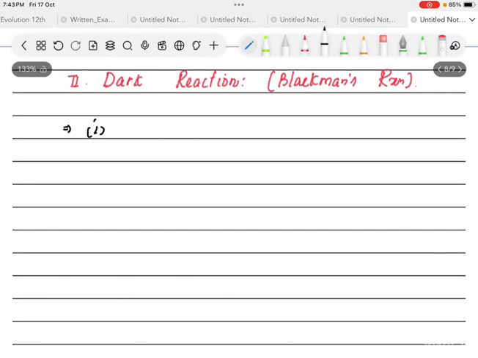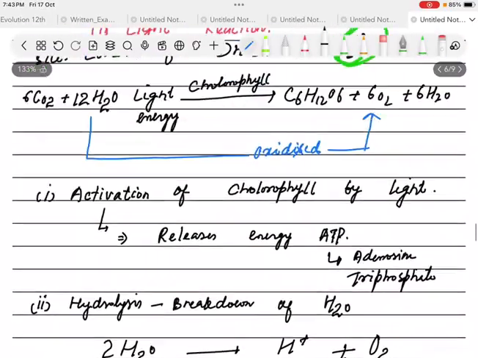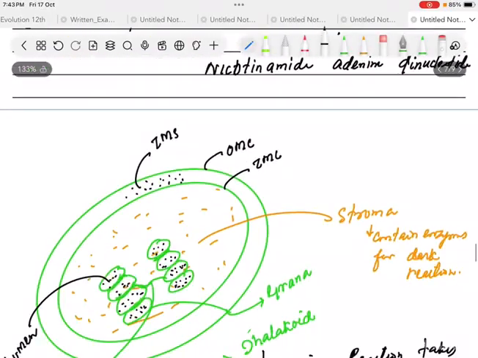We have to go back to the reaction of photosynthesis that we wrote down earlier. Okay, I will write it again for you.